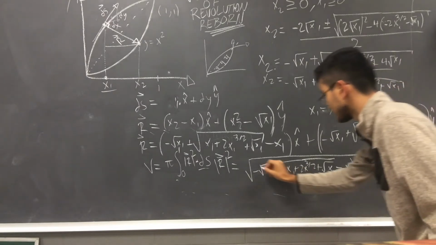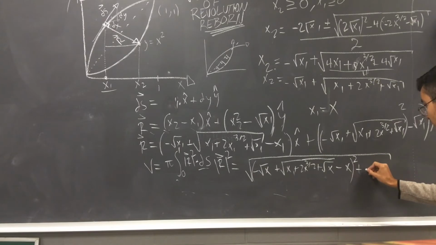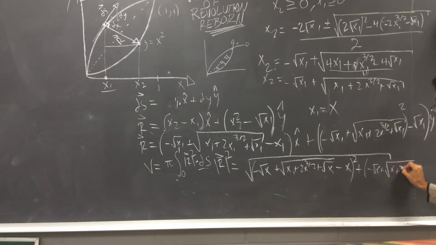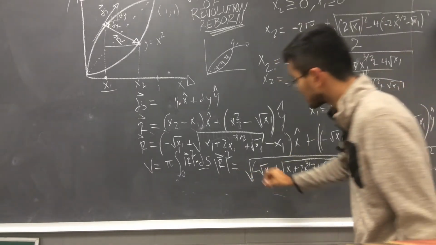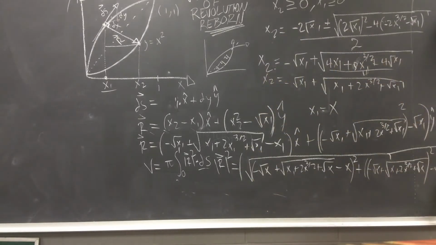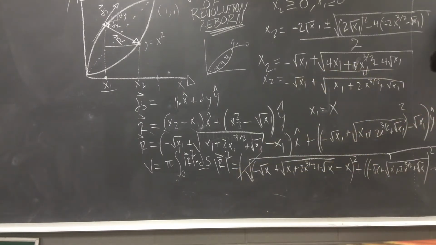All of that squared, because that's going to be the x component, and then we're going to add the y component squared. So negative square root of x plus square root of x plus 2x to the 3 halves, pretty much the same thing, plus root x minus root x. All of that squared, and this inside is squared as well. Okay, that's a pretty long thing, and that's the magnitude only. Now we have to square the magnitude. And once we do that, as you can see, we get rid of the radical sign over here.